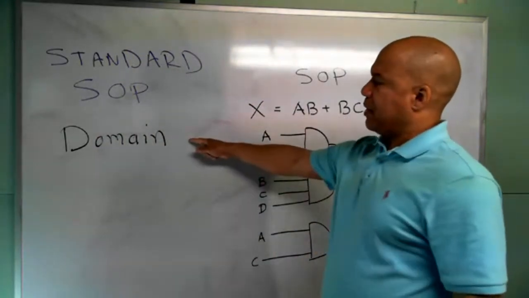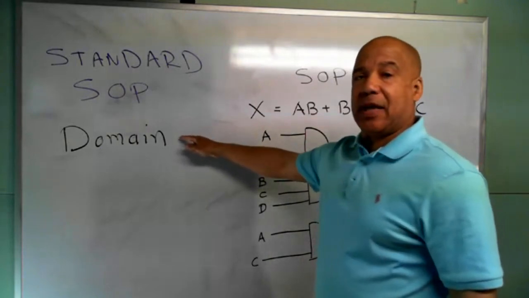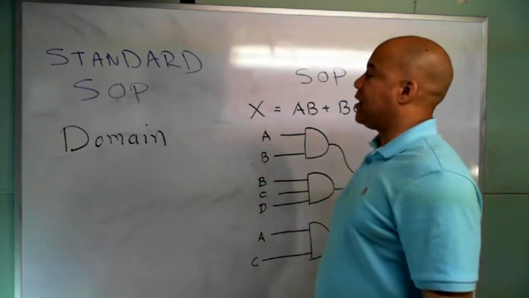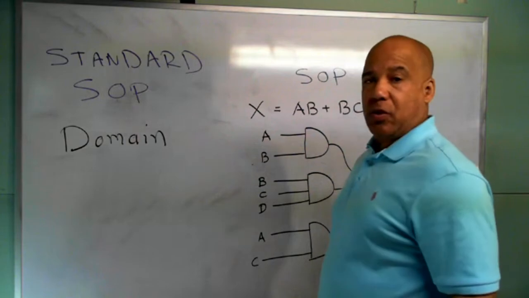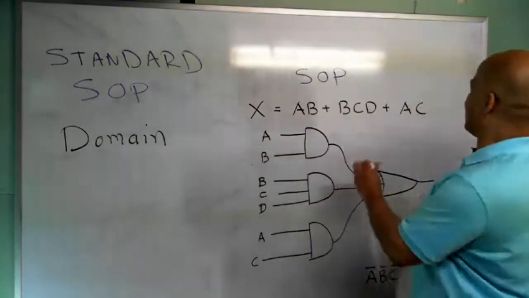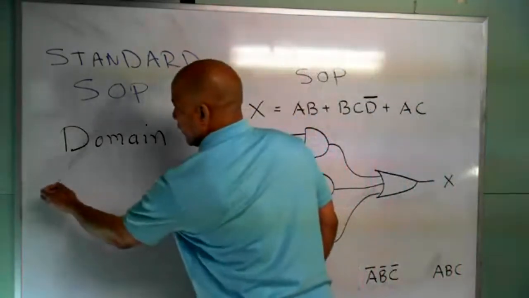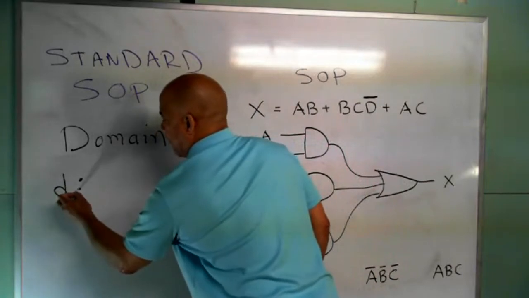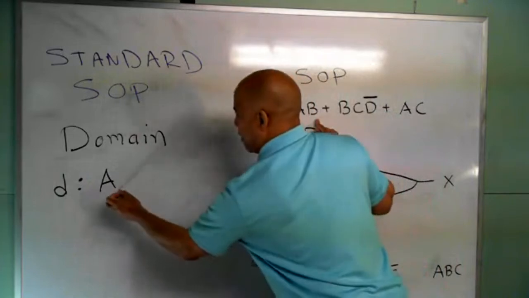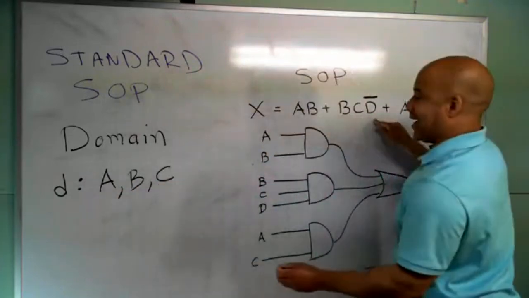But this actually is important. The domain is a list of the uncomplemented literals in a Boolean expression, so a list of the variables. For this one, let's say I change that to a NOT. I'll put a D here for domain. The domain would be: I've got an A, I've got a B, I've got a C, I've got a D.